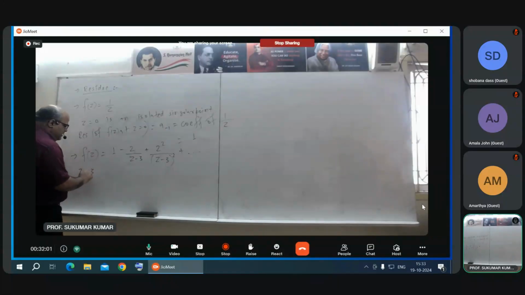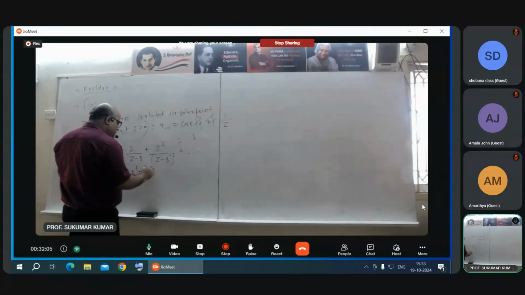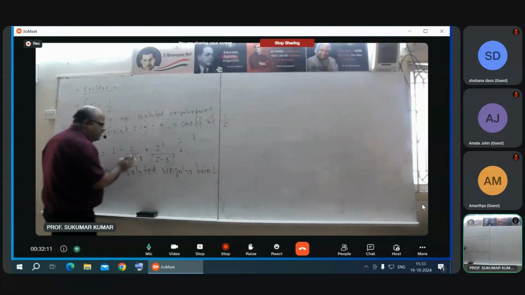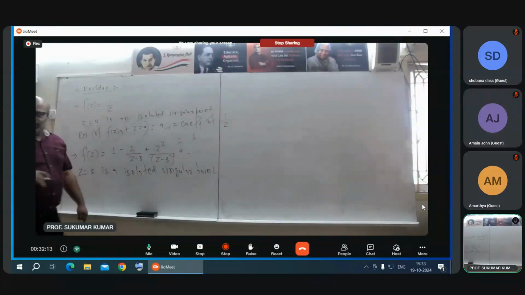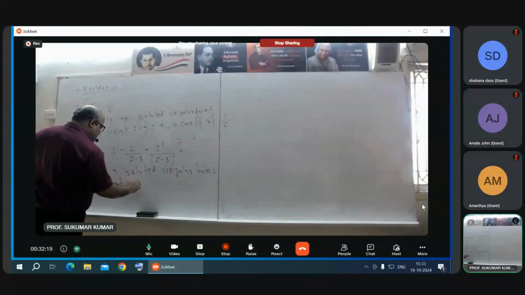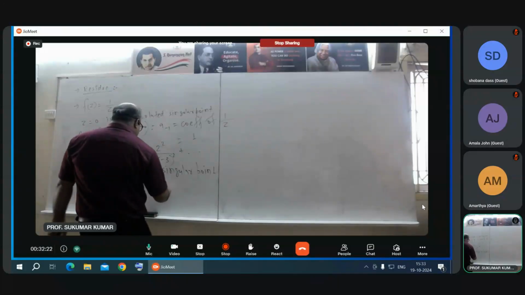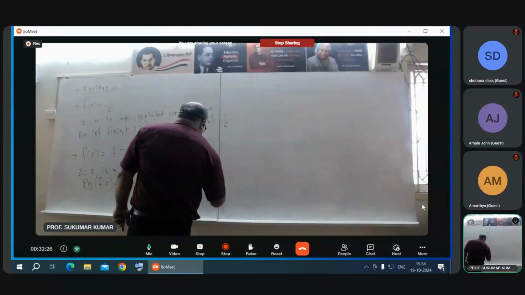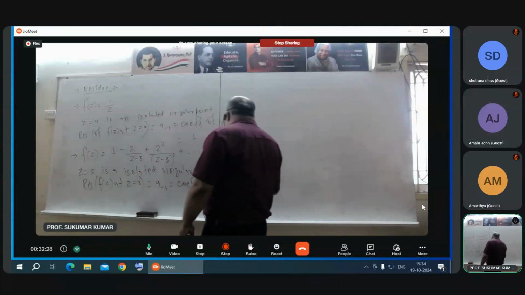Here we can write z equal to 3 is an isolated singular point, whether infinite terms are going or not. If finite also, this is the residue. So the residue of f(z) at z equal to 3 is the coefficient of 1 by (z minus 3), so minus 2.